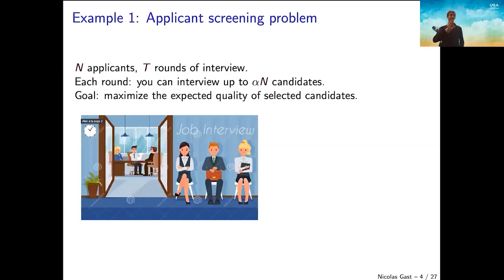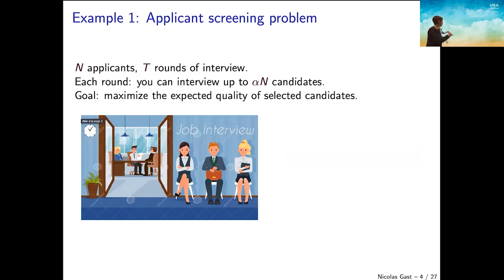Okay, let me just start with two small examples. That's simplistic, but still two kinds of different examples. The first one is called the applicant screening problem, and it's a finite horizon problem.